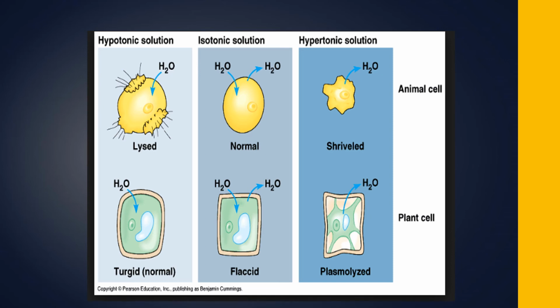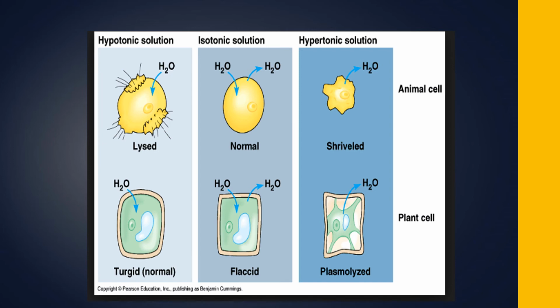Since the water stays in the vacuole, look at the vacuole of the plant cell in the hypotonic solution. It's still turgid, or it's still normal. Why? Because the plant cell does not burst. The plant cell does not burst because there is what we call a cell wall.